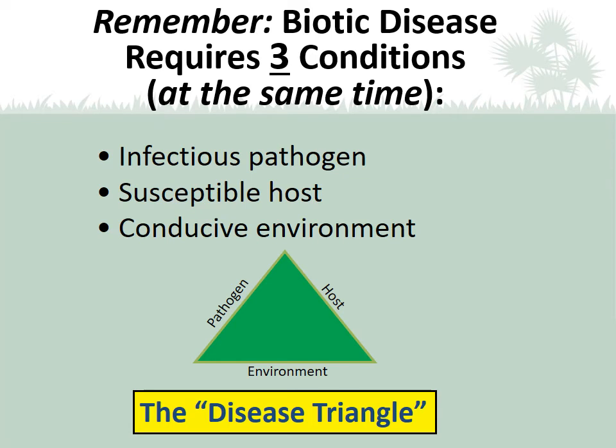Certain pathogens infect only certain families of plants and will have a hard time infecting plant tissue from multiple plant families. And as long as we also have proactive cultural practices in place that limit the ability for this pathogen to thrive on a host in a conducive environment, we can limit its spread in a given landscape.